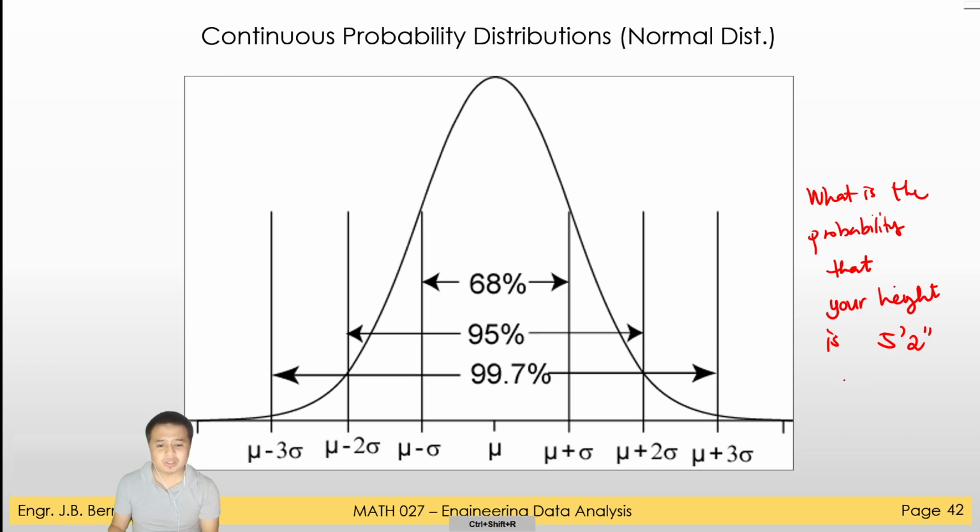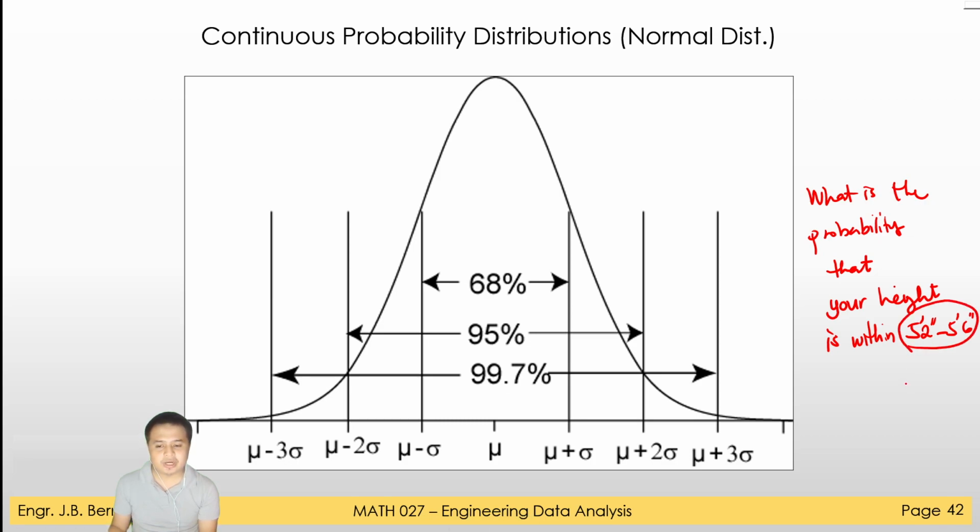Okay, so if we know that, although I cannot guarantee that this is correct, it should be within the data, sorry, is within, let's say, 5 feet 2 inches and 5 feet 6 inches, for example.